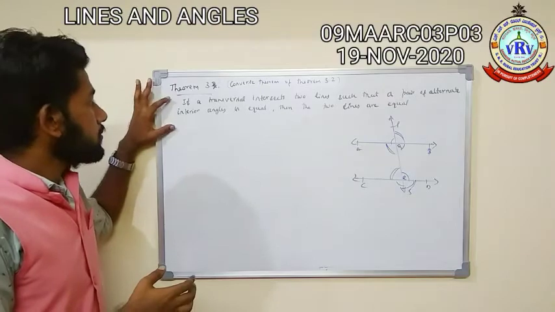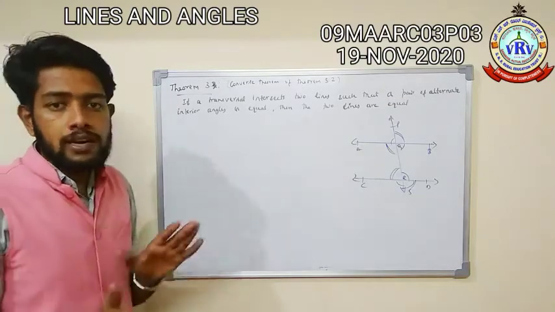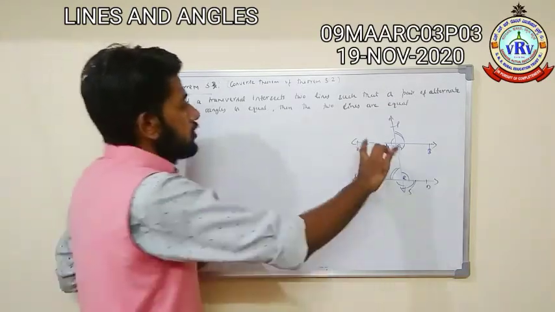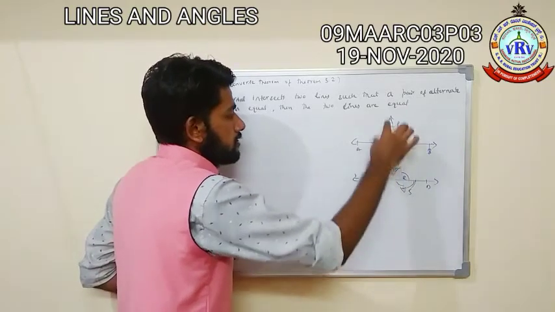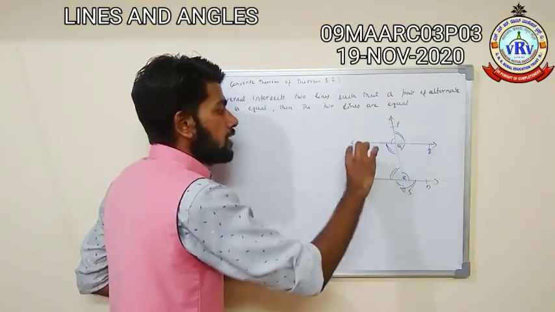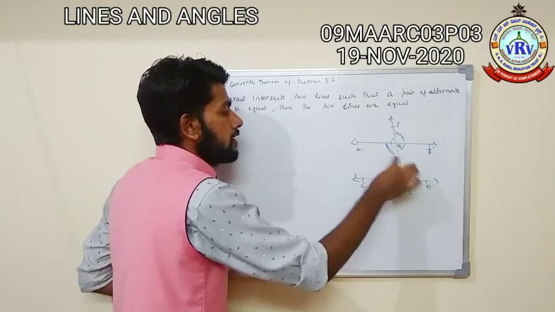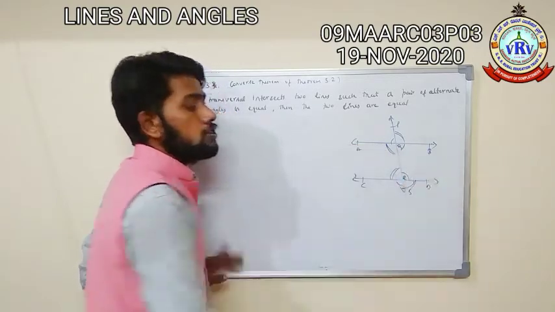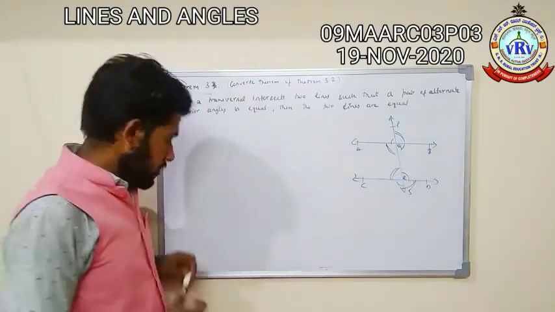Whether it is theorem number 3.3 or 3.4, you should understand. In a transversal, if a transversal passes through two lines such that the pairs of interior angles are equal, then those two lines are parallel.